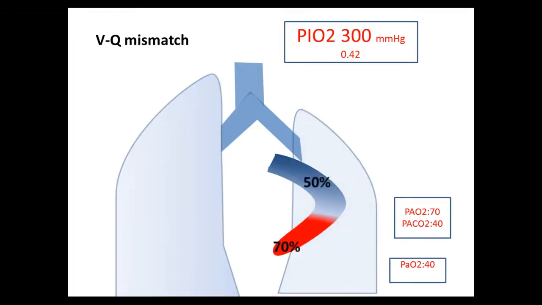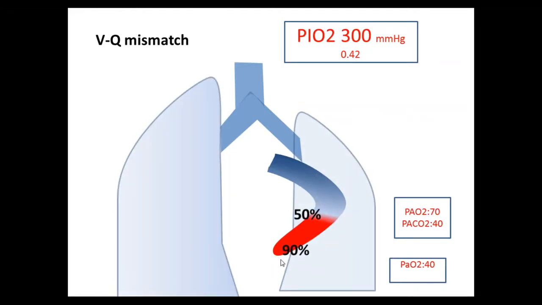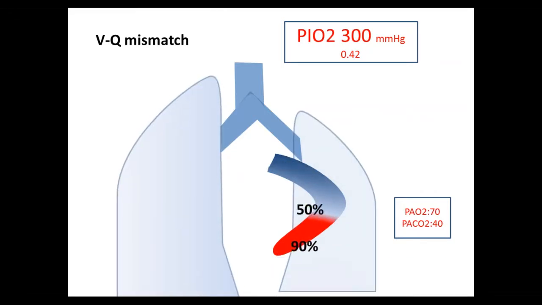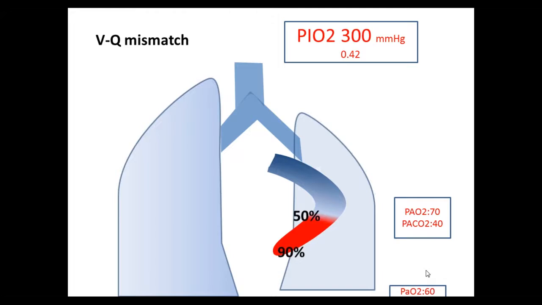In this situation, you may have the alveolar oxygen improved to 70, and now you have the saturation improved to 90%. And partial pressure of oxygen in the arteries improved from 40 to 60 millimeter mercury.